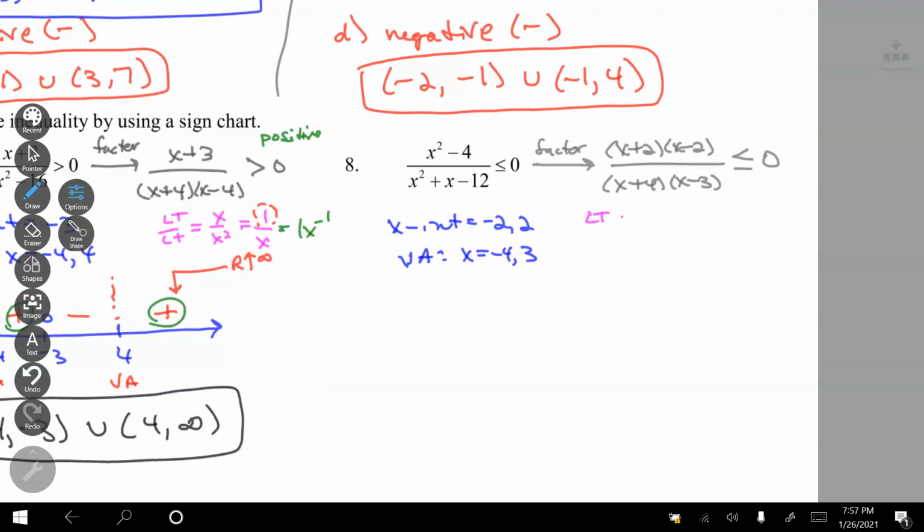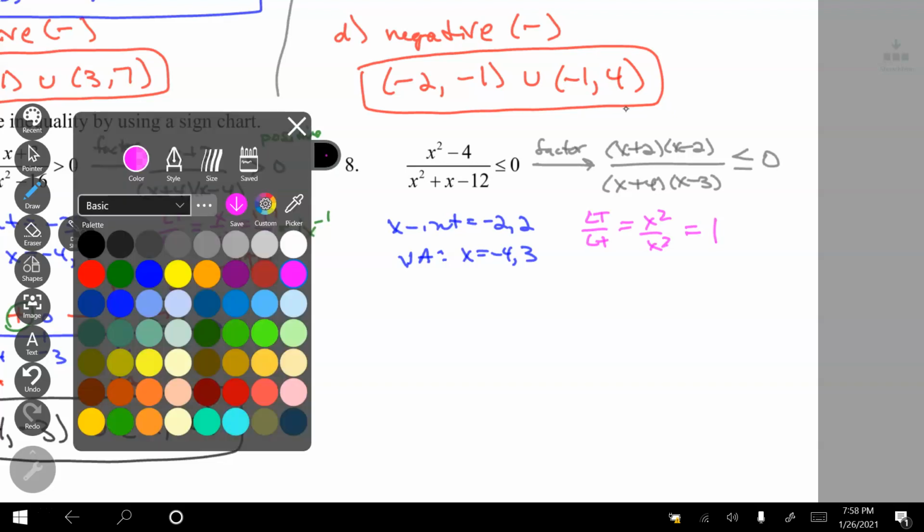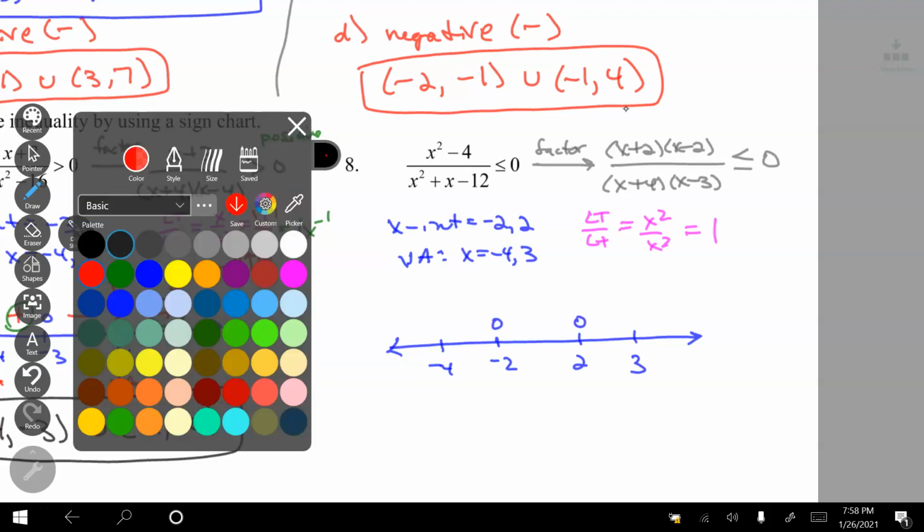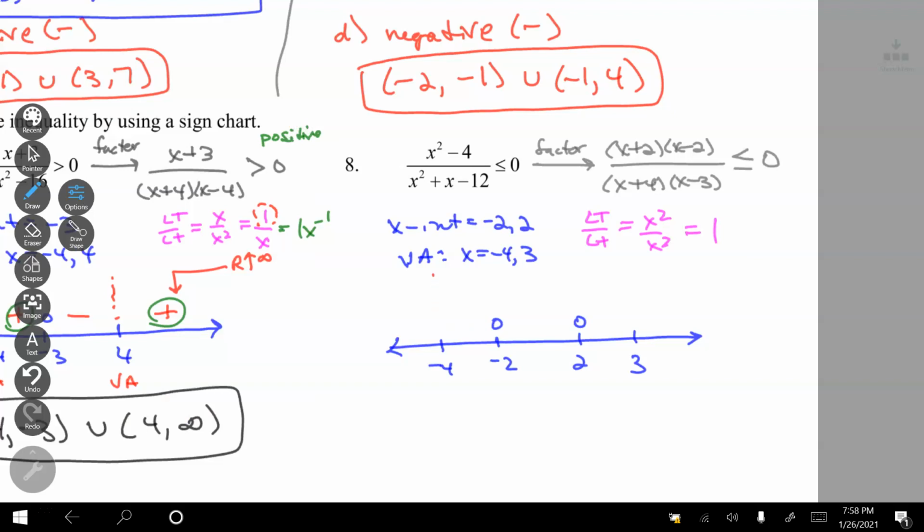My leading term on top and leading term on bottom is x squared over x squared. Oh, we're getting this 1 again. That's fine. My number line, I'll put it way down here. I have negative 4, negative 2, 2, and 3, and negative 2 and 2 are zeros. I'm going to put those as zeros. And negative 4 and 3 are VAs. I'm making little dashed lines.